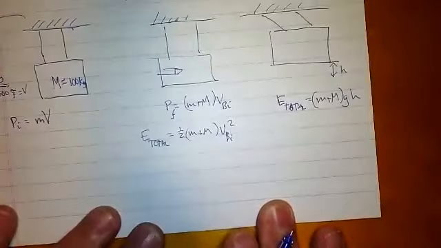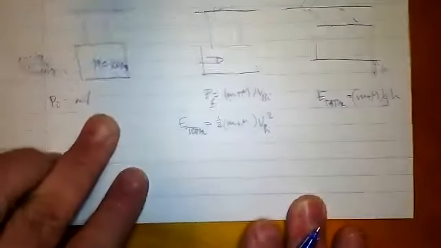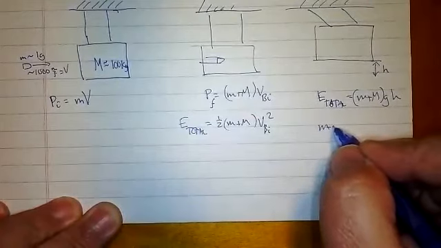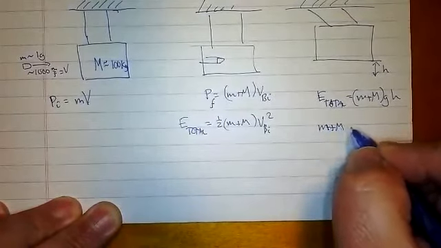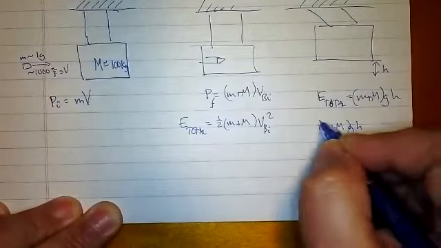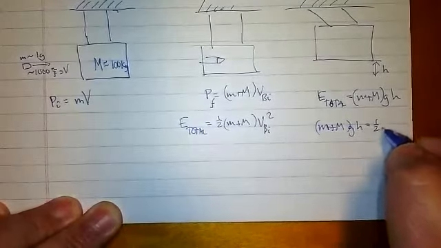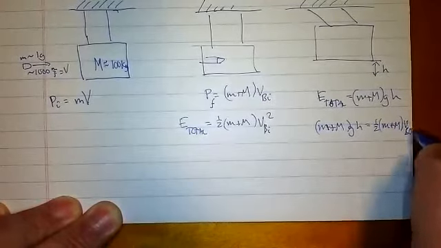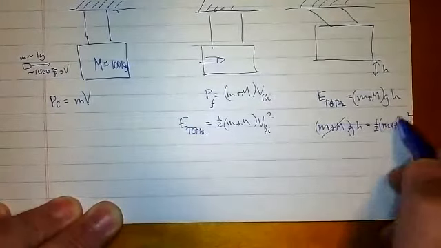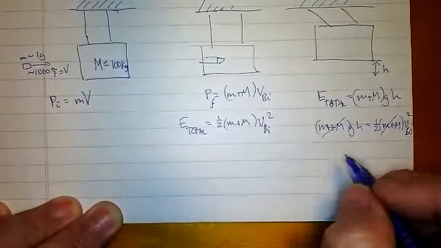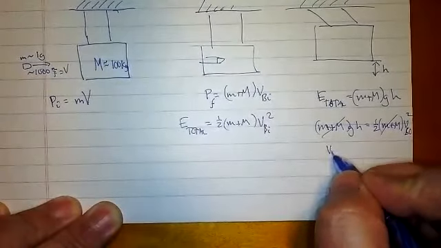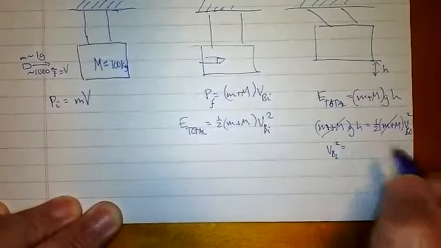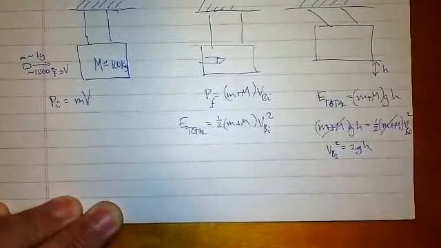So with all that, we should be able to solve for the initial velocity of the bullet. So I'm going to say (m plus M) g h is equal to 1/2 (m plus M) V_BI squared. Obviously, the (m plus M)'s cancel out, but what I do find is that V_BI squared is equal to 2gh.